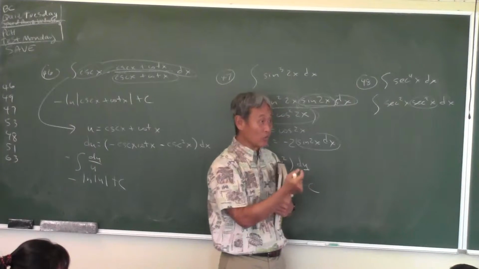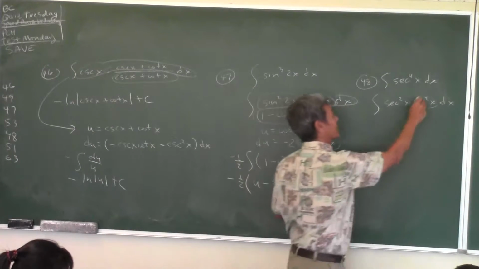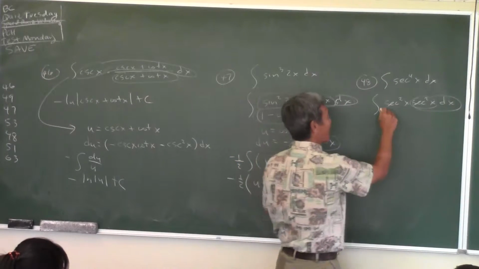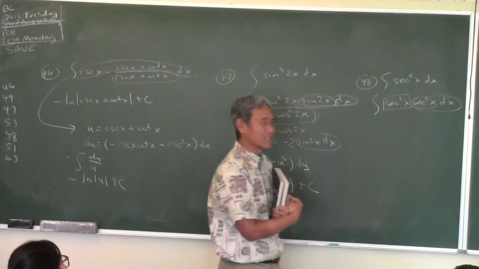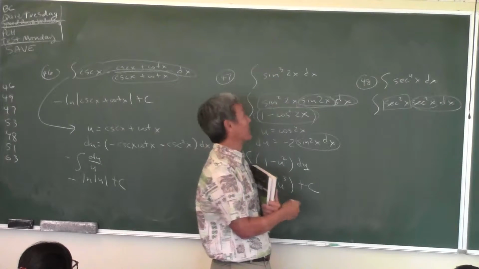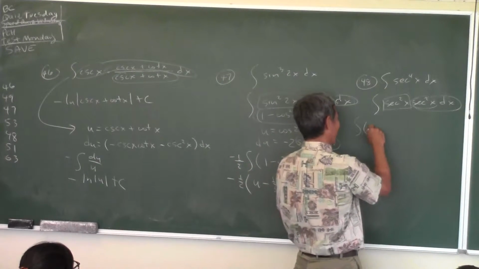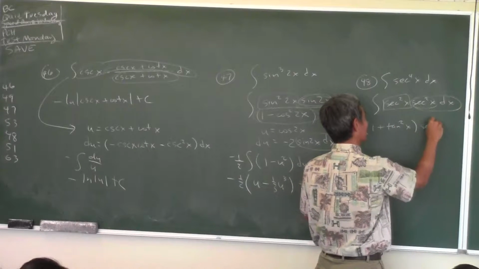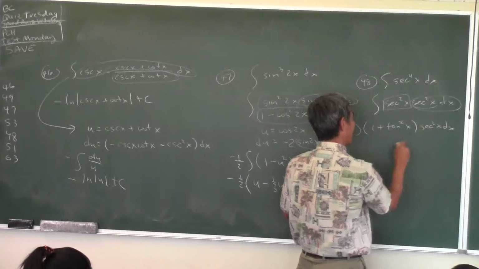So if you let u equal tangent x, then that's du right there. So I have to write the rest in terms of tangent x, using the Pythagorean identity: tangent squared plus 1, times secant squared x dx.